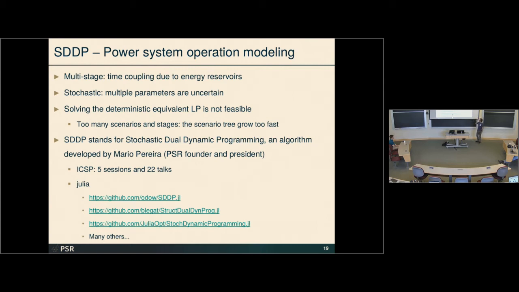In Julia, we have at least 3 public versions of SDDP. One by Oscar over there, one by Benoit, and one by Vincent Leclerc's group. I think they're maybe merging these. I don't know what they're going to do; Oscar knows better than me. And there are many others being developed.